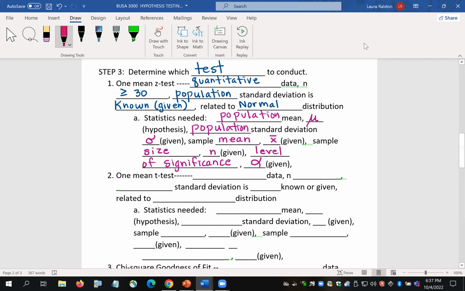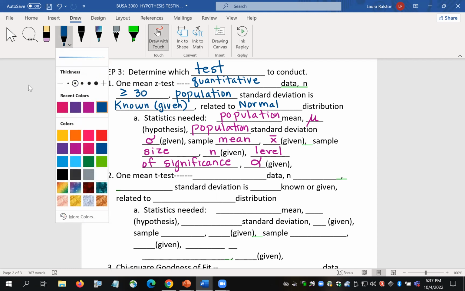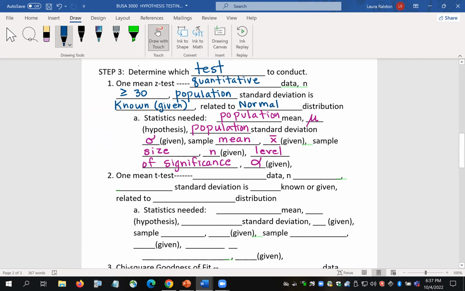Okay, so then the other one that we talk about in Stat 1401 is a one mean t-test. And again, a one mean t-test is used whenever you're dealing with quantitative data. But now our sample size is less than 30, so we have that small sample.